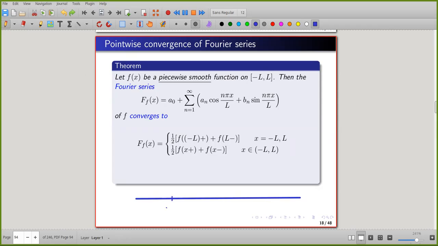So this is my, let's say, minus L. Let's say this is 0 and this is L. And let's say my function is something like this, right?